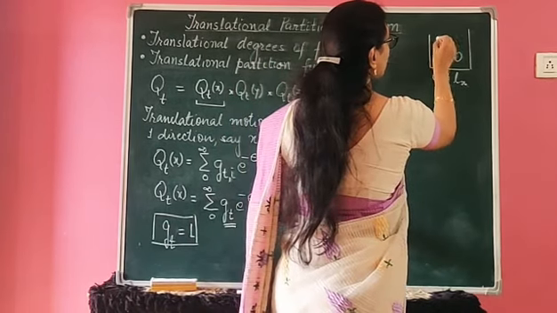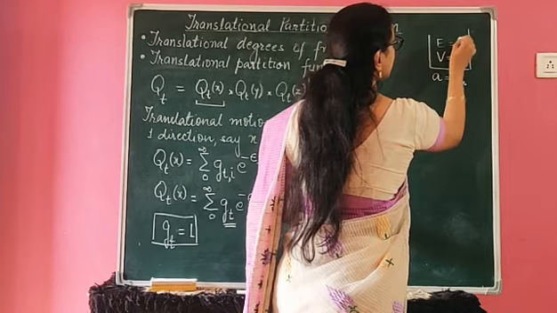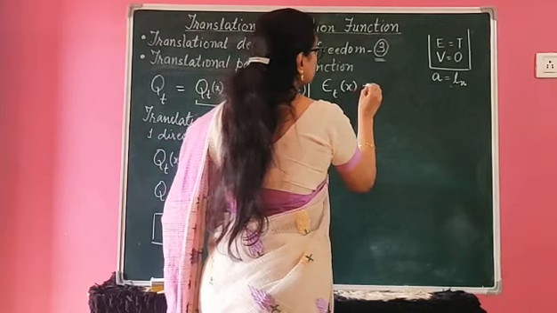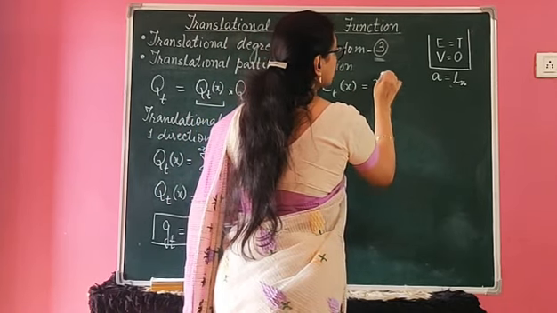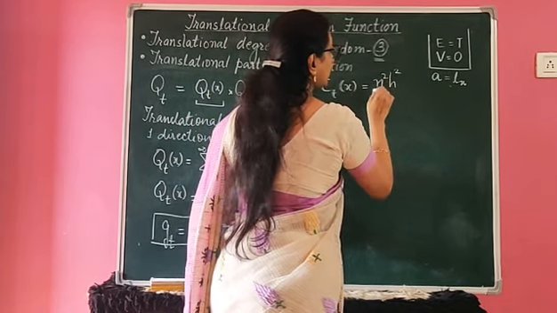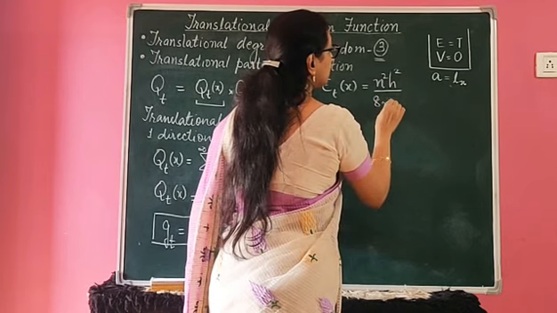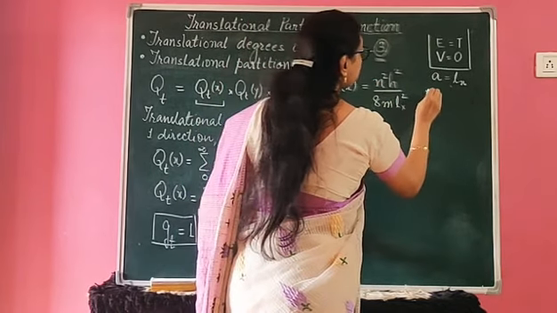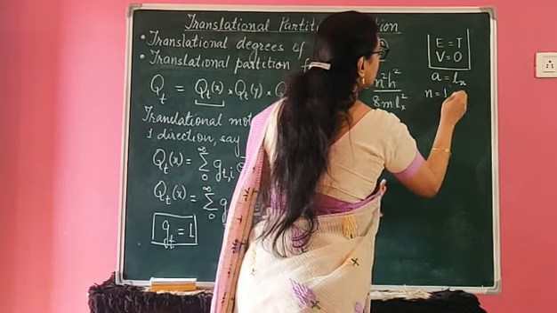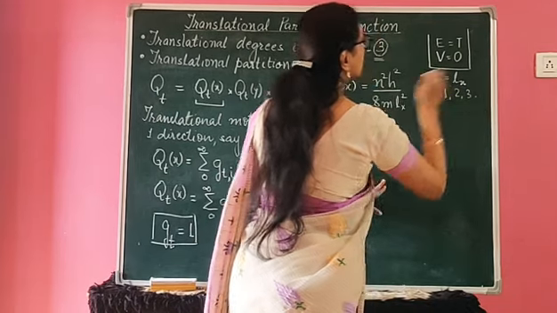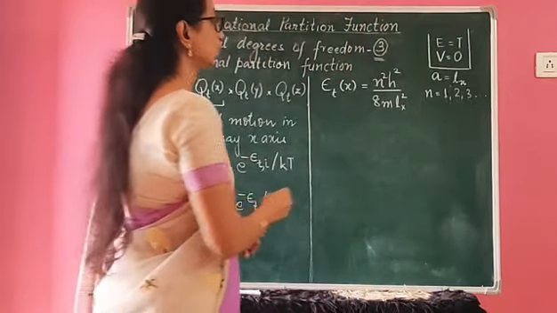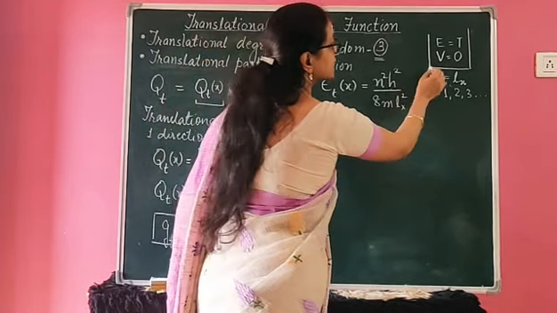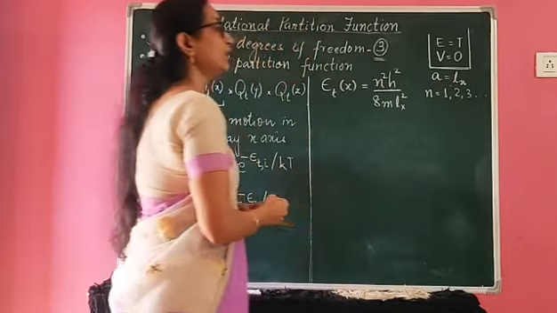That means the total energy will be equal to the kinetic energy or the translational energy, and the energy in that case is given by n square h square upon 8 m Lx square, where n is quantum number having values 1, 2, 3, etc. n cannot be equal to 0. h is Planck's constant, m is mass of the particle, and Lx is the dimension of this one-dimensional box.